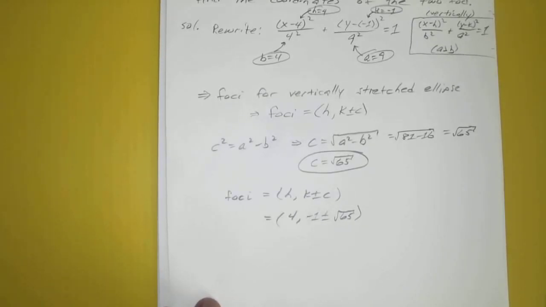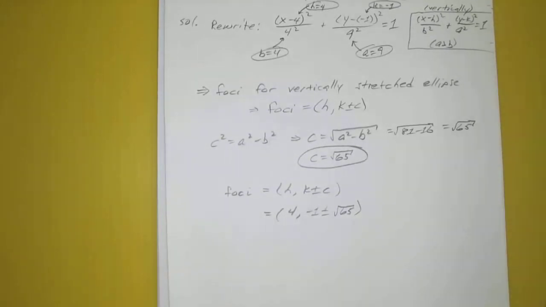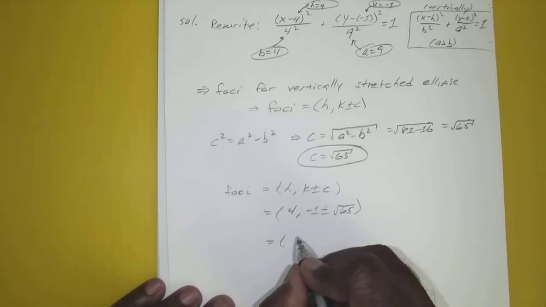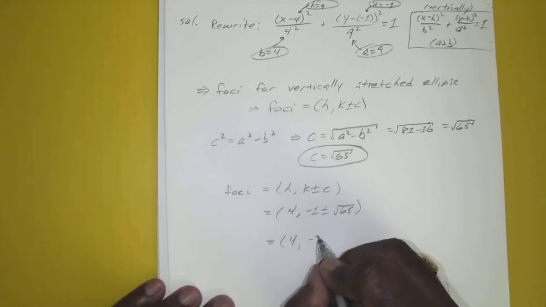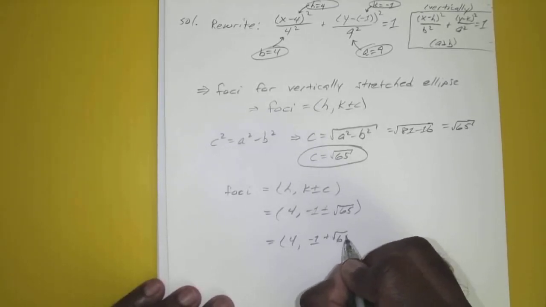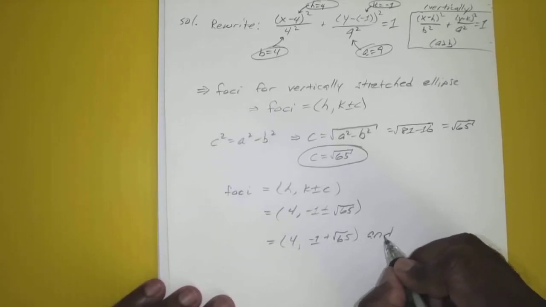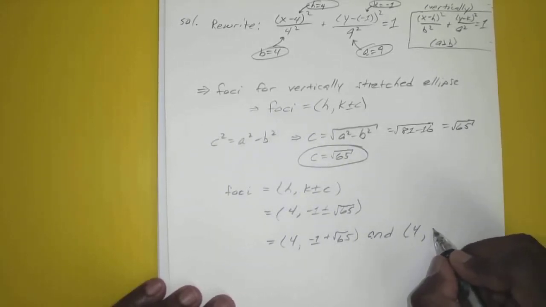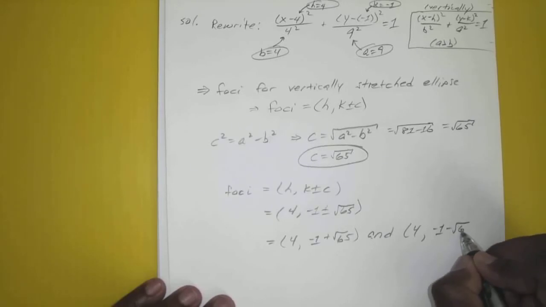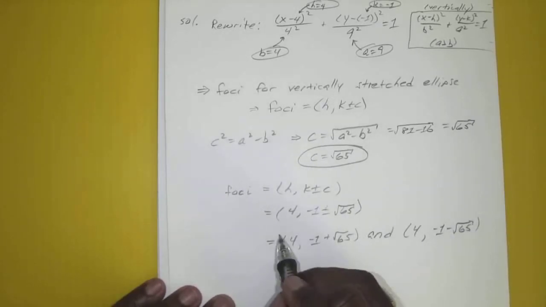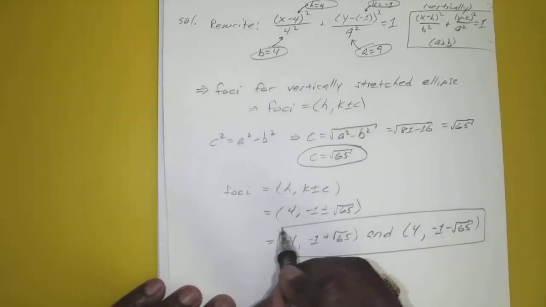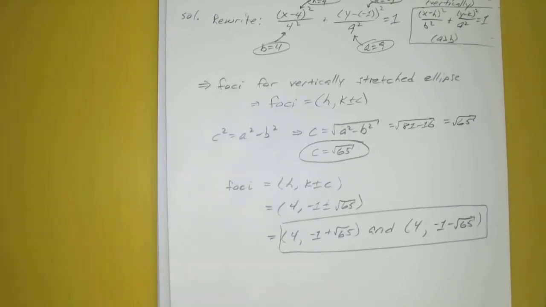Or you can just go ahead and separate them. It'd be 4, negative 1 plus square root of 65, and 4, negative 1 minus square root of 65. Okay, so those are your two focus points.